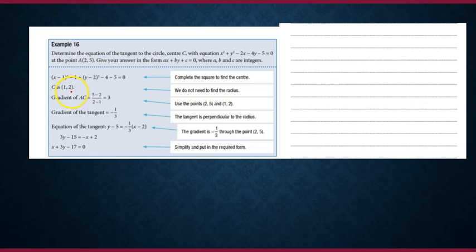Solving, you get C to be 1 and 2, the coordinates. And when we find the gradient of AC, the change in y by change in x, we simply get 3. So the equation of the tangent becomes x plus 3y minus 17 equal to 0 in a simplified form.